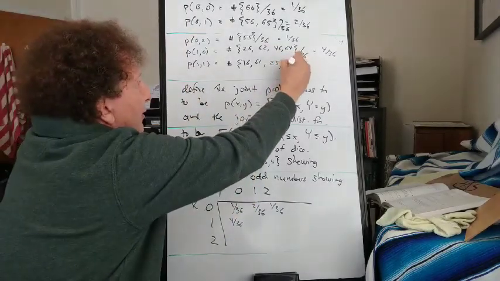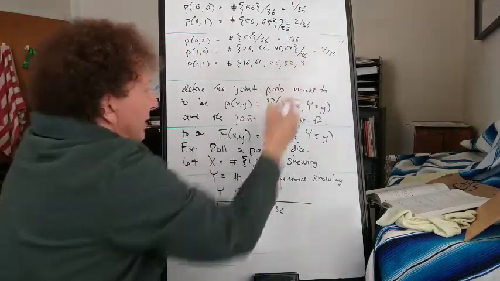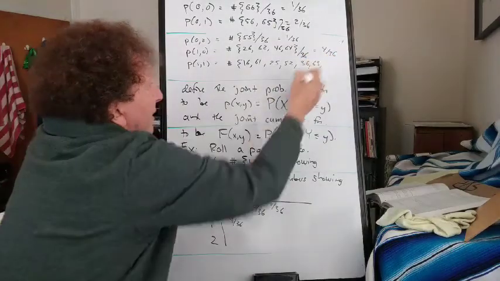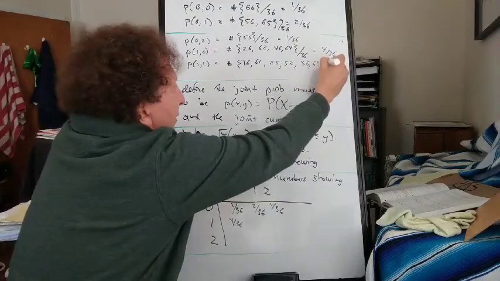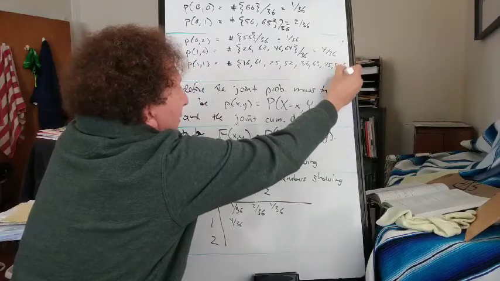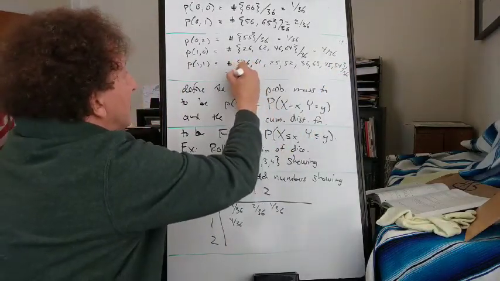So 2, 5, 5, 2. If the number in the 1 to 4 range is 3, then the one outside has to be 6 so that we only have one odd. And if the number in the range 1 to 4 is 4, then the number outside the range has to be 5 so that we get exactly one odd. So this is 8 over 36.